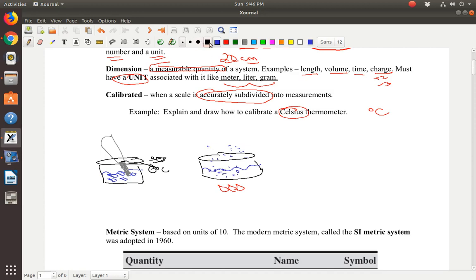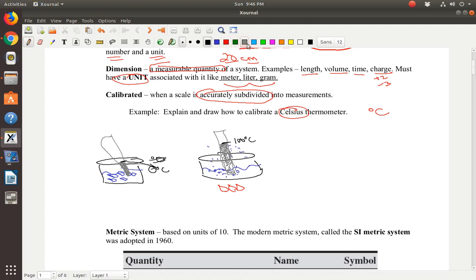And when it reaches the boiling point, that same container with the mercury in it, the mercury is now going to rise even higher because it got hot, and we have something called thermal expansion. It gets hot and it goes up, and wherever it goes up to, I'm going to mark that spot, and that spot is going to be 100 degrees Celsius.